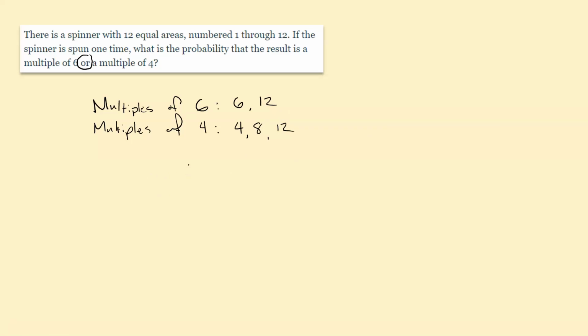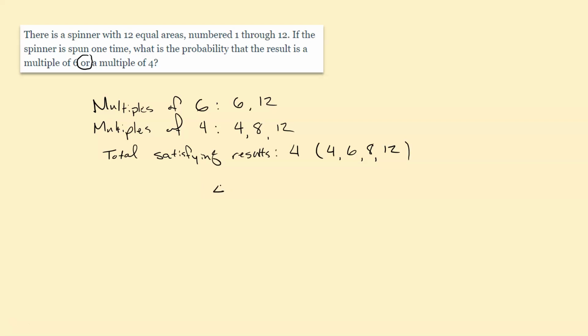So we have a total of satisfying results: 4, 6, 8, and 12. We don't want to count 12 twice because there's only one 12 on the spinner.